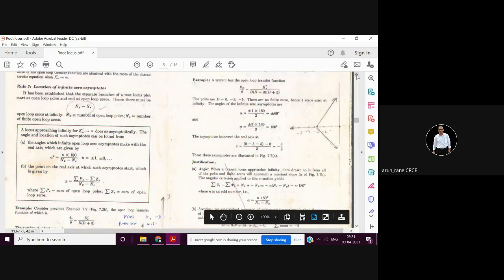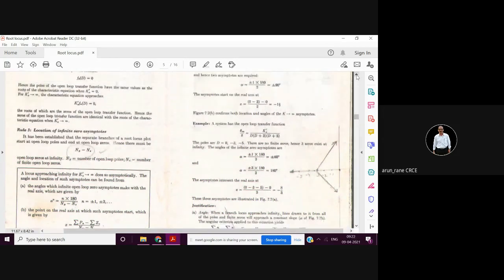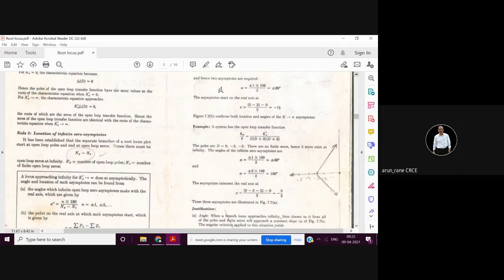Now, let's go here. Since there are two roots, there will be two asymptotes. So alpha is equal to plus minus 1 into 180 divided by 2. So that is equal to plus minus 90.